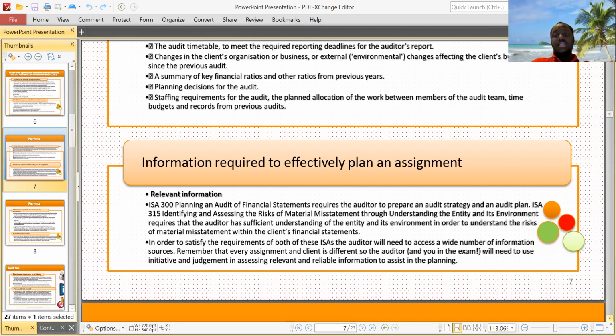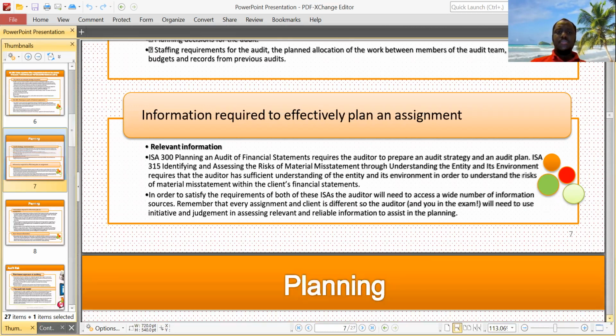ISA 300 is saying that it is wisdom to prepare an audit strategy. It is useful to prepare an audit strategy. It's very, very key. So please, I need you to keep that in mind. This is a requirement of the International Standards on Auditing. Very, very important.